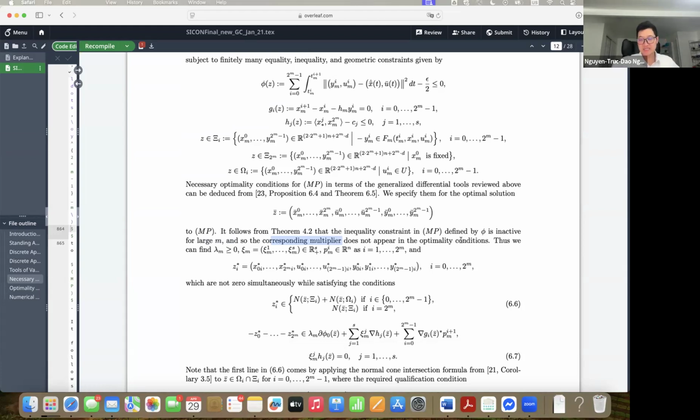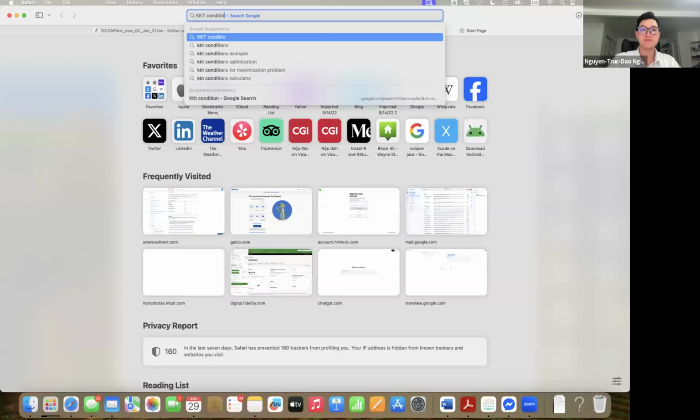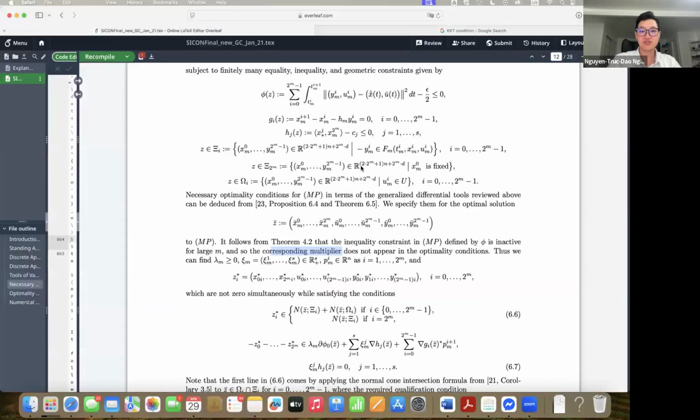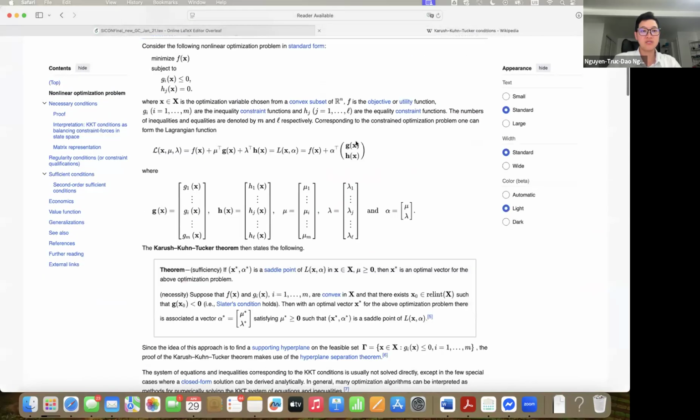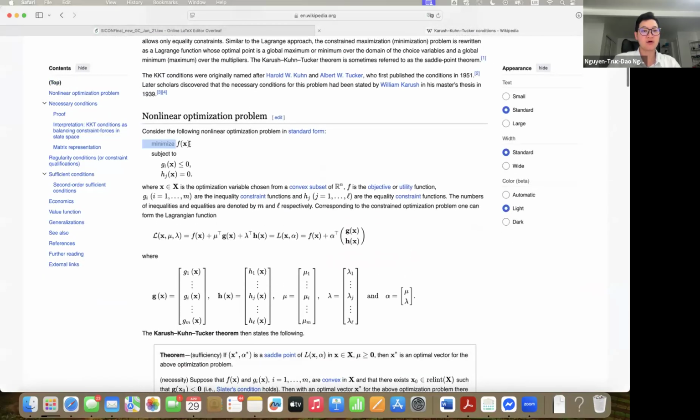So for the KKT, maybe I have to show the KKT condition. Why are they mentioning the multiplier in the optimality conditions? The reason is when you minimize a cost function subject to the inequality and the equality constraints, you can see here, this is the Lagrangian function.